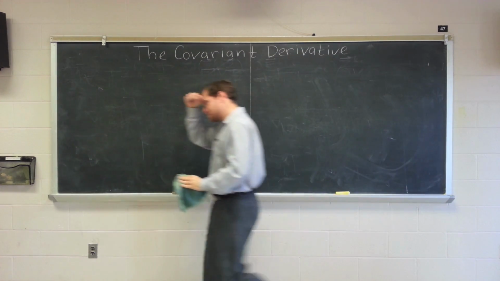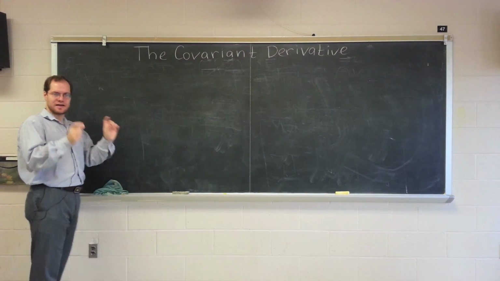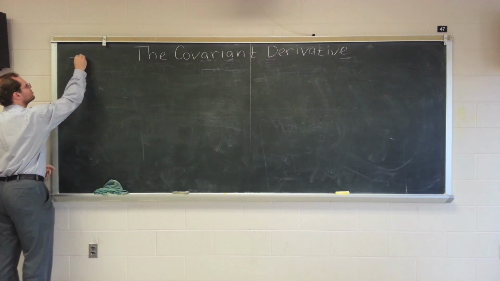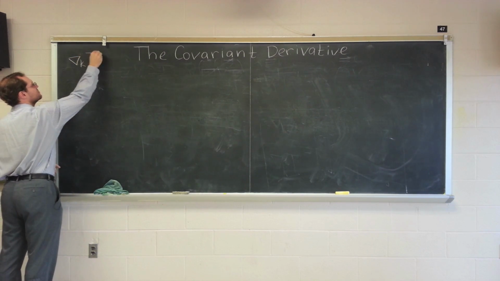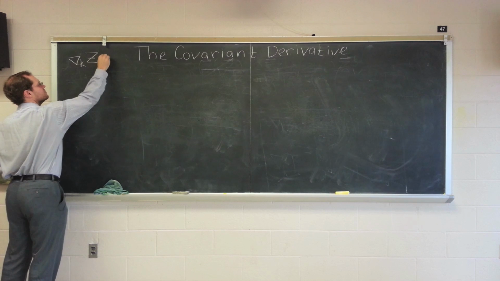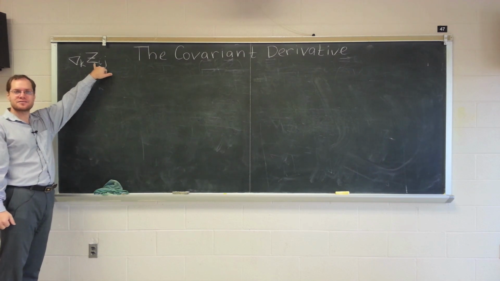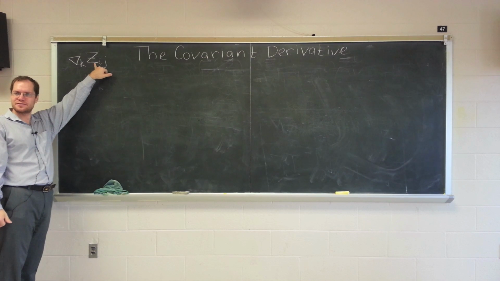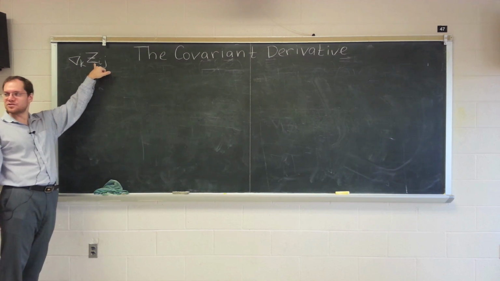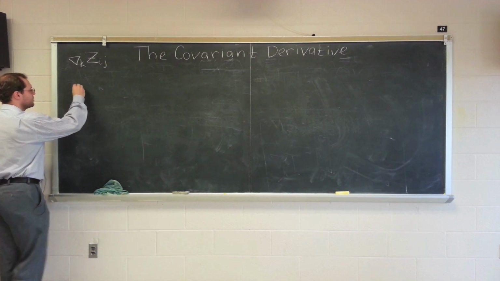The product rule is important because my goal right now is to evaluate this. But I want to remember that the metric tensor is the dot product of the covariant basis. So I'll have to use the product rule. So let's derive the product rule.